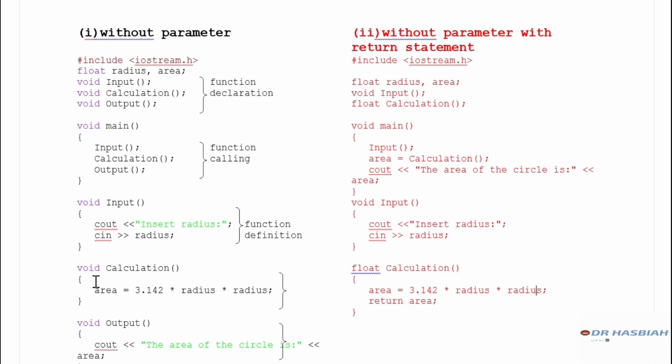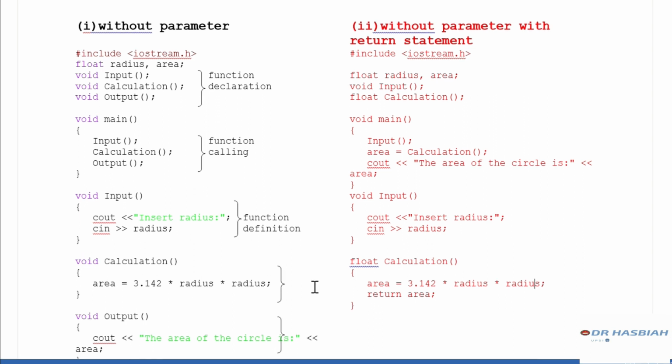For the without parameter, we use void, but without parameter with return statement here, we use float. So that is the first difference here.